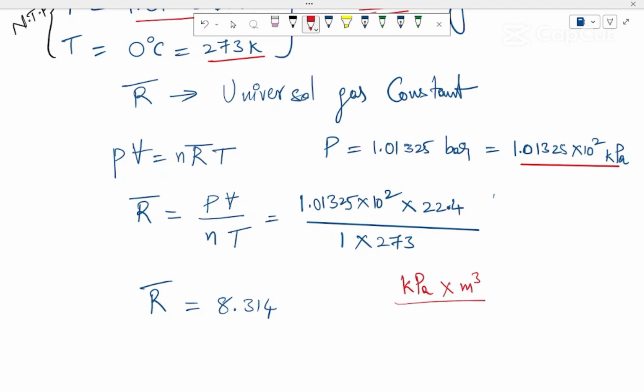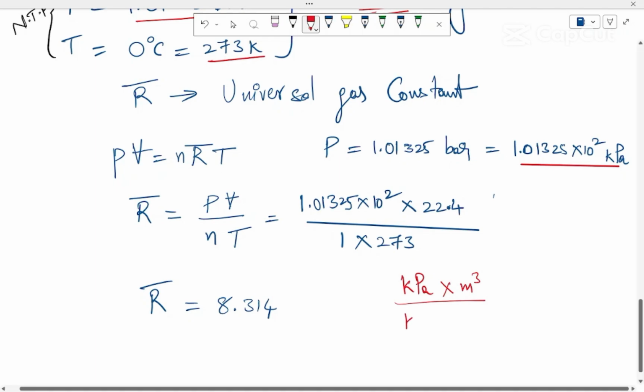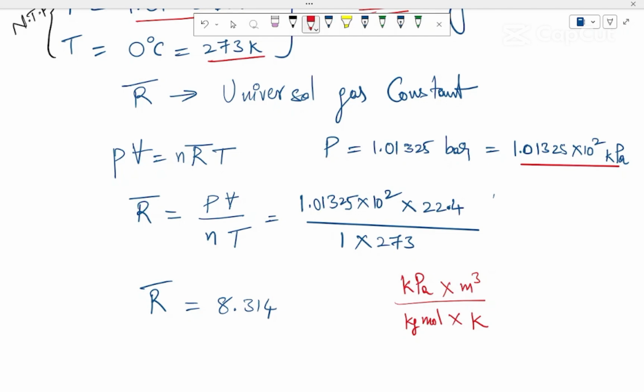In the denominator, I have kg mole for N, and the 273 is Kelvin. So this will give rise to kilojoules. How do I get the kilojoules? Here in kilopascals, I have basically kilonewton per meter square, and here I have meter cube.